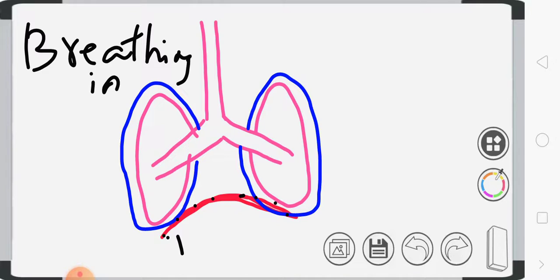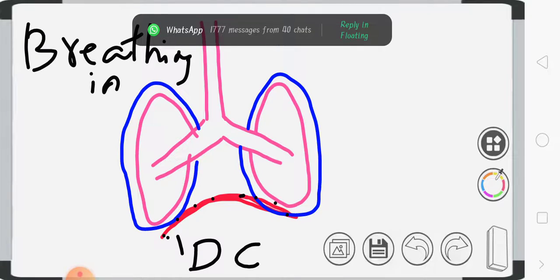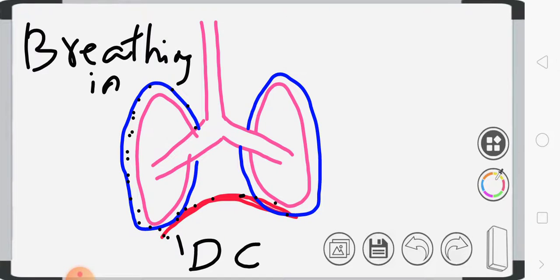I'll use the letter D. When the diaphragm contracts, and you have the intercostal muscles here, especially the external intercostal muscles, which are connected to the ribs, the blue lines that you see are the ribs. When the diaphragm contracts, the rib cage is pulled up. This is the rib cage. Now what happens to the rib cage?